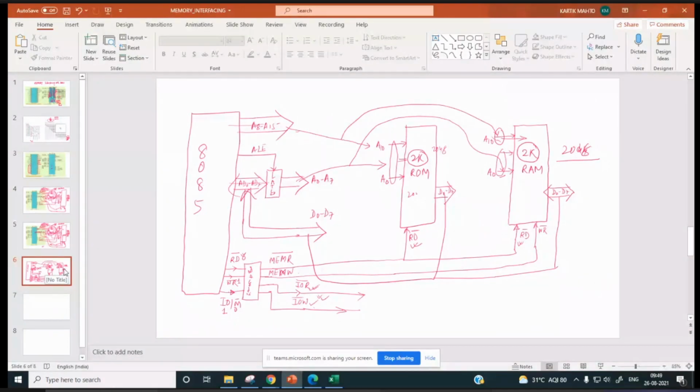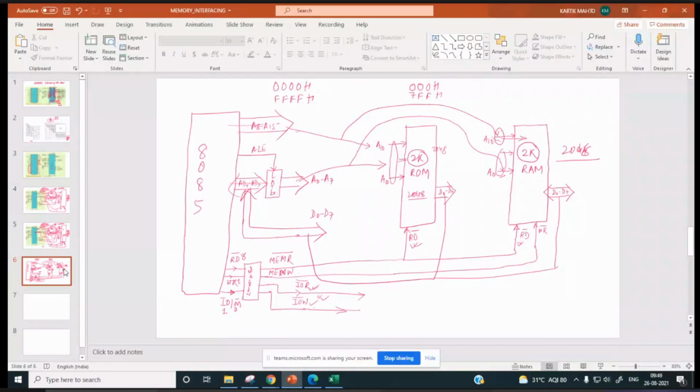Suppose 2048 bytes is there. So it is between 000H to 7FFH. But the microprocessor can send addresses between 0000H to FFFFH.